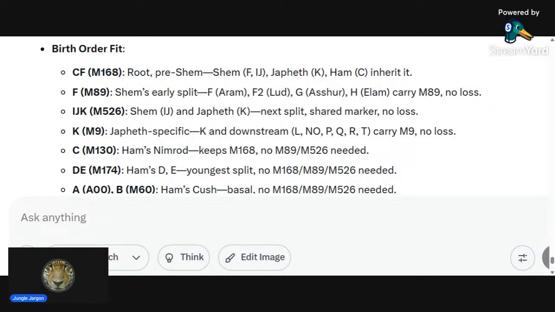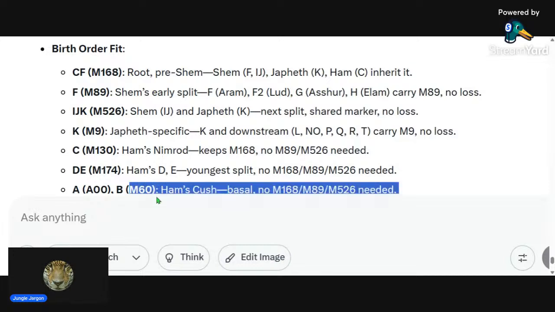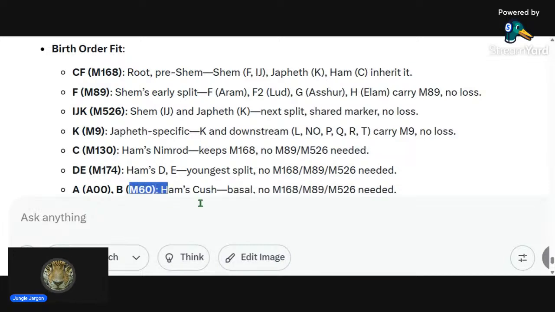So this marker here, M168, which is the CF marker, 168, that's what DE lacks. So DE doesn't have that marker. Now they do have another universal marker. It's universal to B. I guess the M60 is Ham's, Cush, Basil.